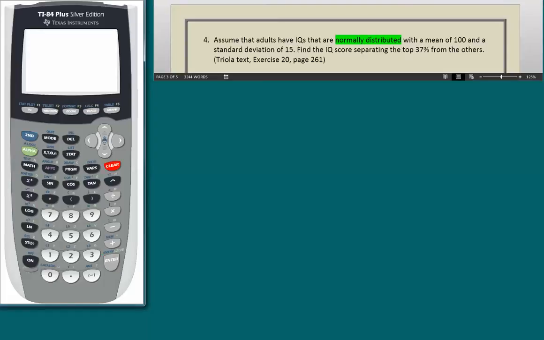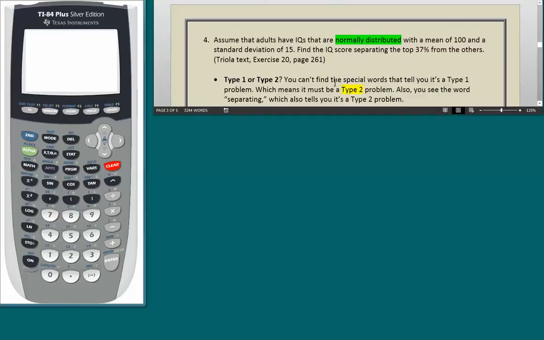Here's our next question. Assume that adults have IQs that are normally distributed with a mean of 100 and a standard deviation of 15. This is exactly the same as every other question we've seen. Now it says find the IQ score separating the top 37% from the others. As always, the first thing we have to decide is: is this a type 1 or type 2 question?